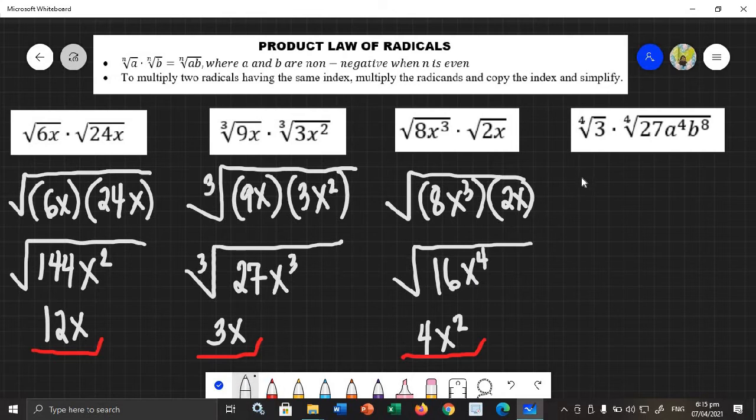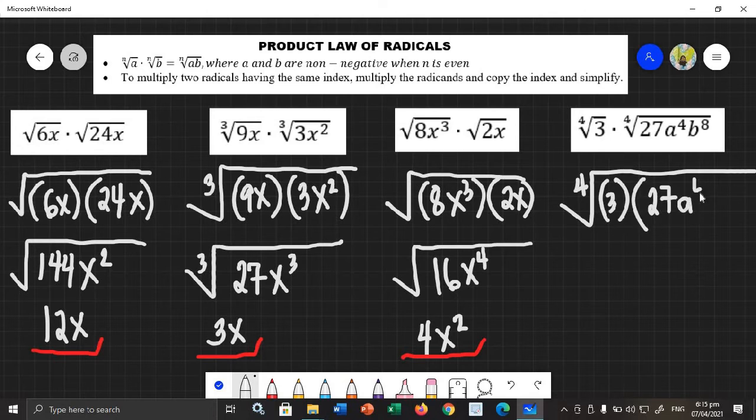And down to our last example, they have the same index, so let's multiply their radicands. We have 3 times 27, a to the 4th, b to the 8th power.